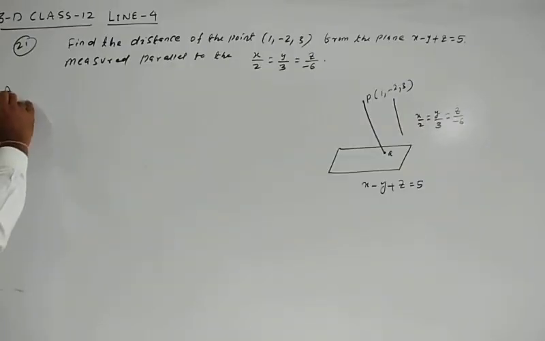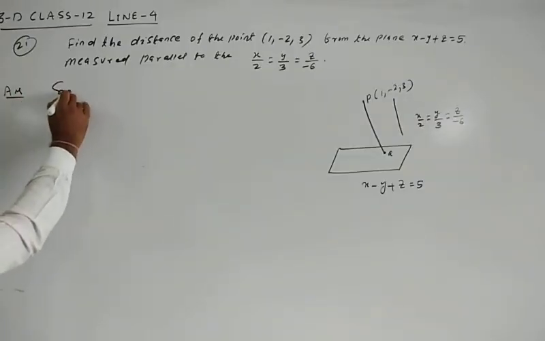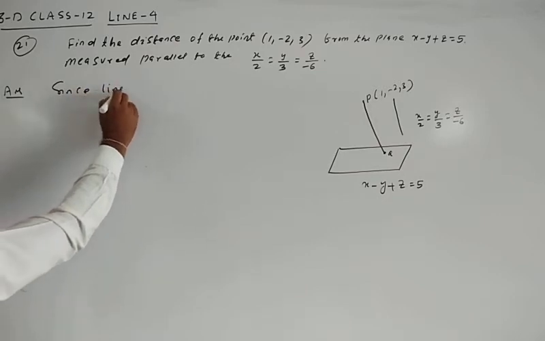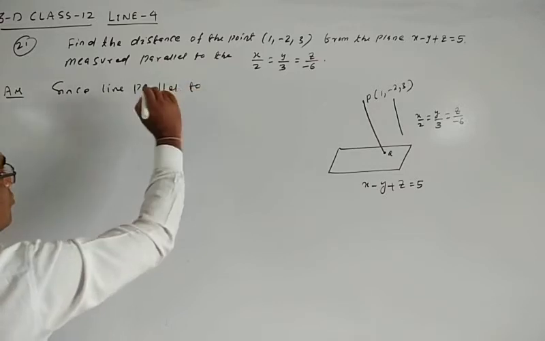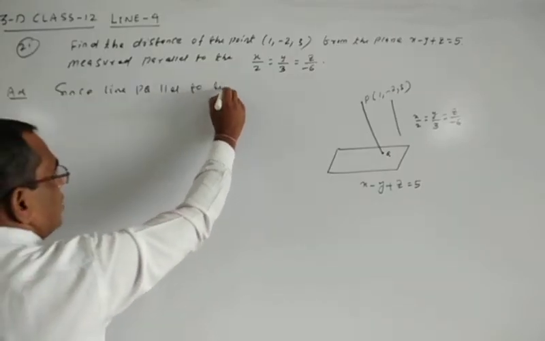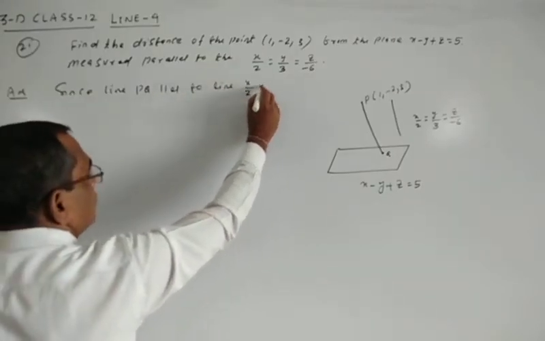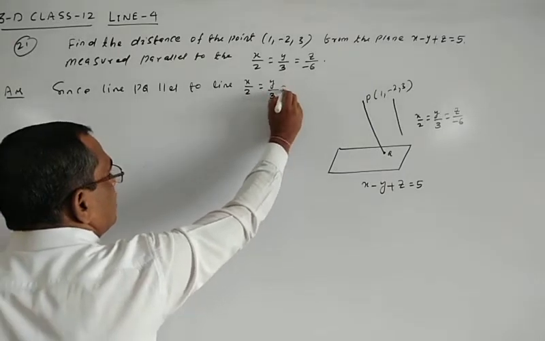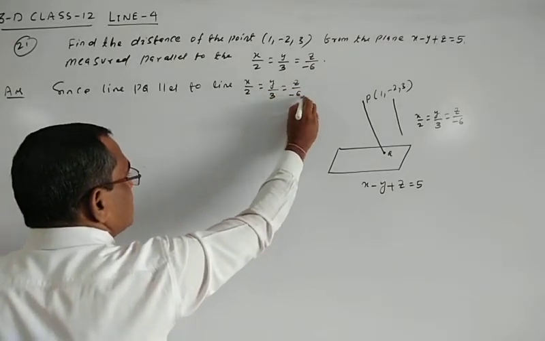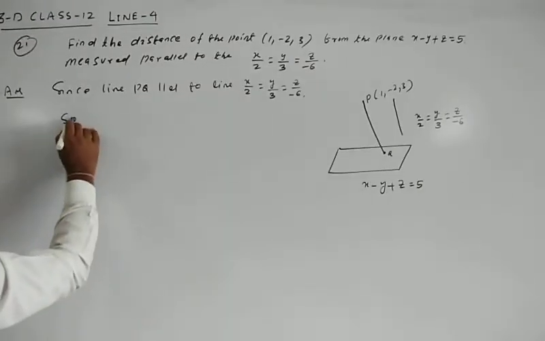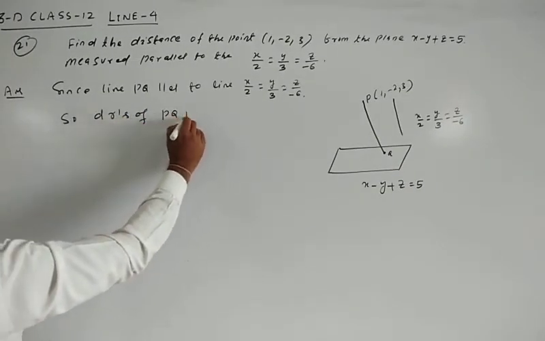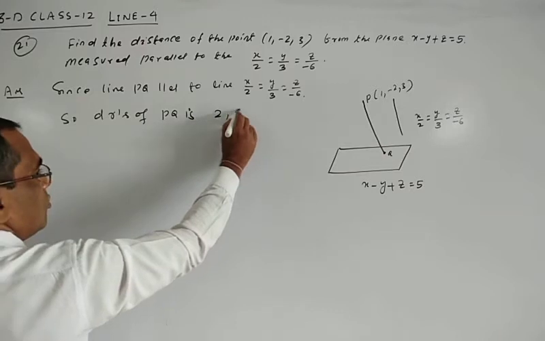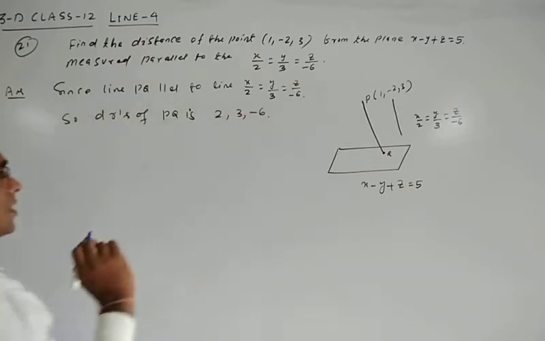Answer. Since line PQ is parallel to the line x by 2 equal to y by 3 equal to z by minus 6, the direction ratio of PQ is 2, 3, minus 6.